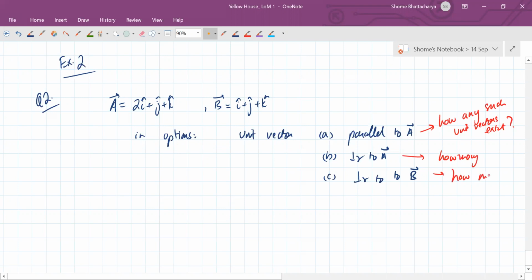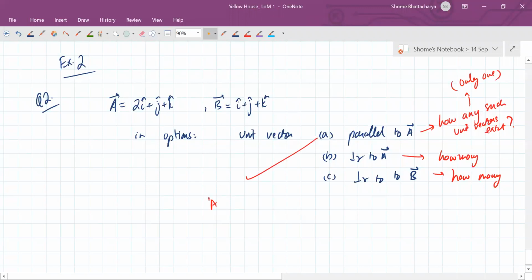Can you tell me? How many such unit vectors are there which are parallel to A, or perpendicular to A, or perpendicular to B? So parallel to A, how many unit vectors exist? Only one. Okay, and that one is basically what?